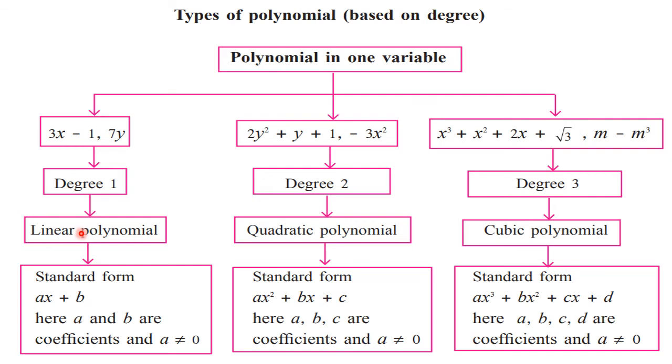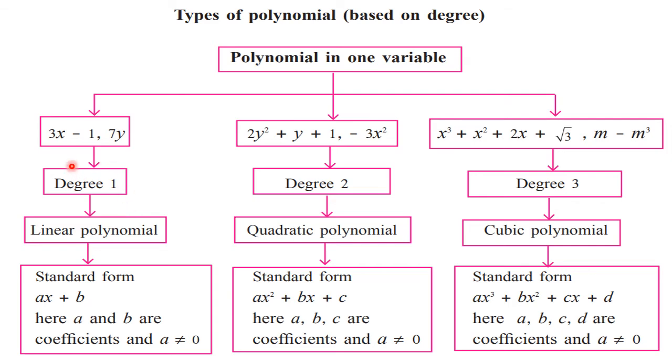Okay. So a linear polynomial is a polynomial where the degree of the polynomial is 1. Like you can observe the examples here, 3x minus 1. So here the degree is 1. So it's a linear polynomial. Second example, 7y. Here also the degree is 1. So it's a linear polynomial.